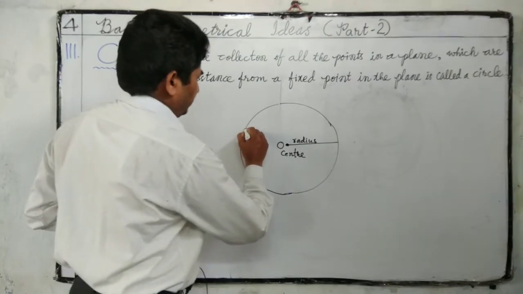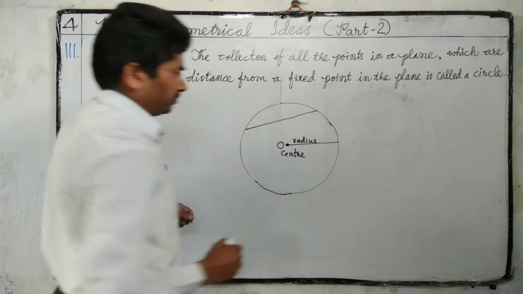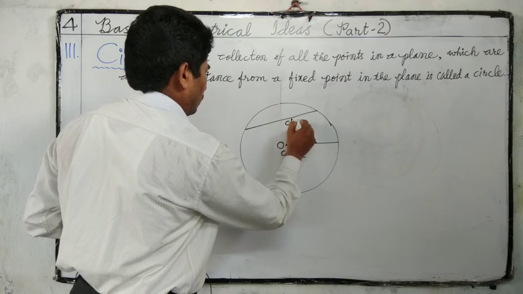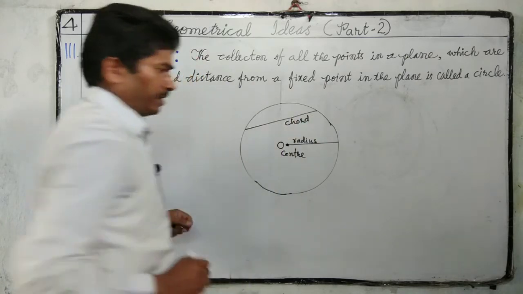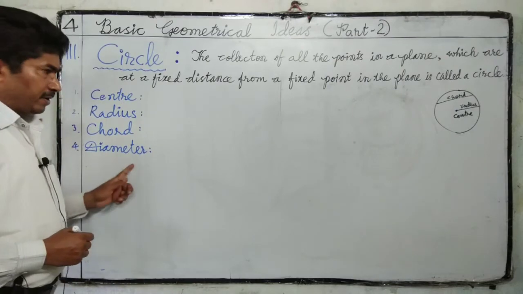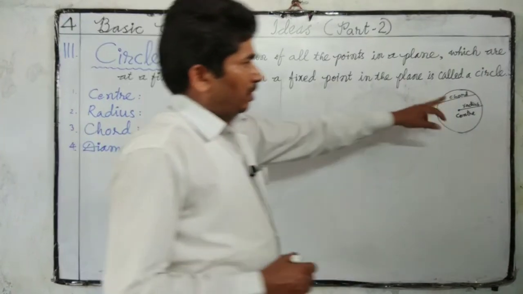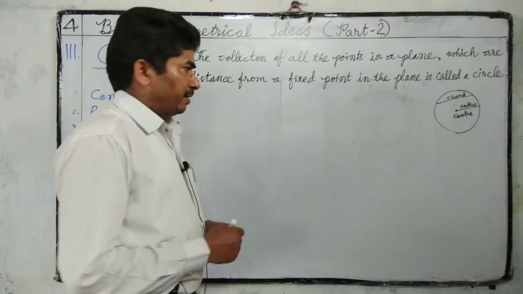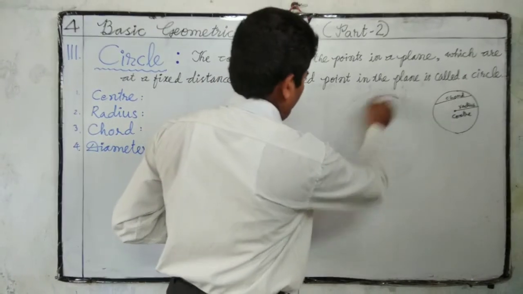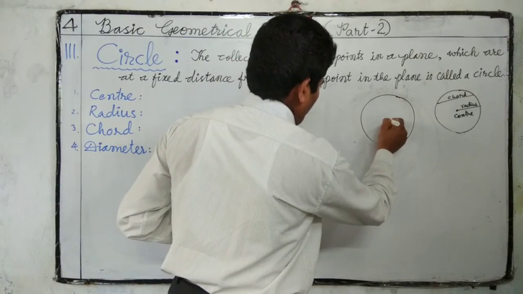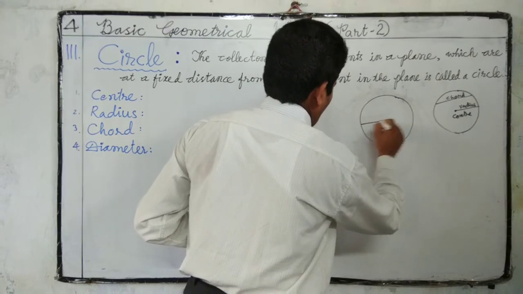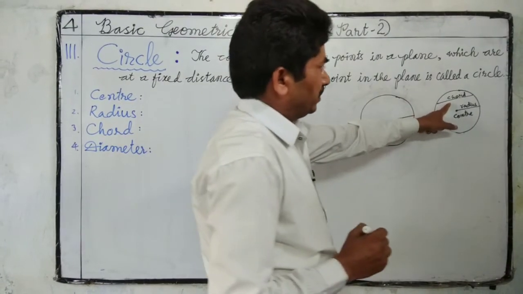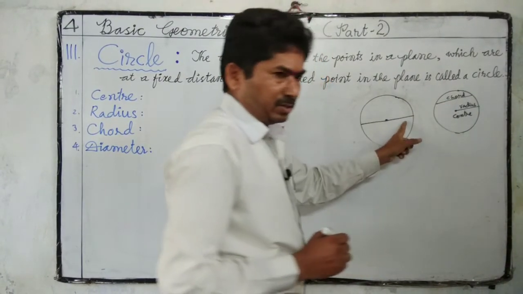A line segment joining two points on a circle is called chord. Diameter. The chord which passes through center is called a diameter. We can draw infinitely many chords, but this is the longest chord.